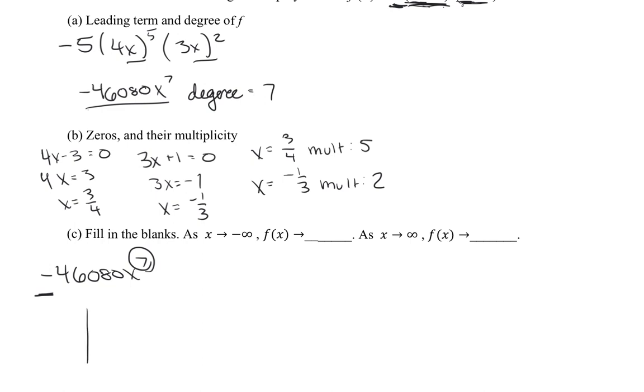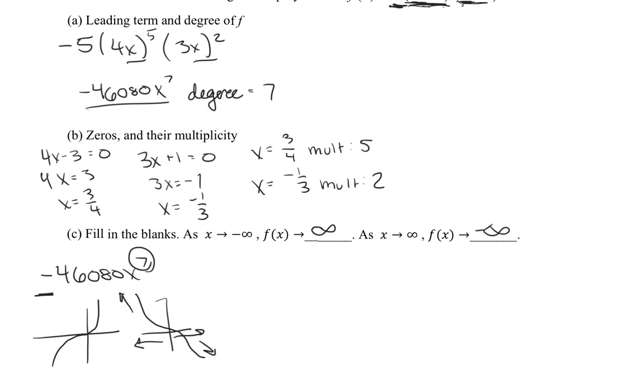Normally what x to the 7th would look like is this, but we know that it's negative, so we're going to flip it. That means as we go to negative infinity, we go to positive infinity, and as we go to positive infinity, we go to negative infinity.